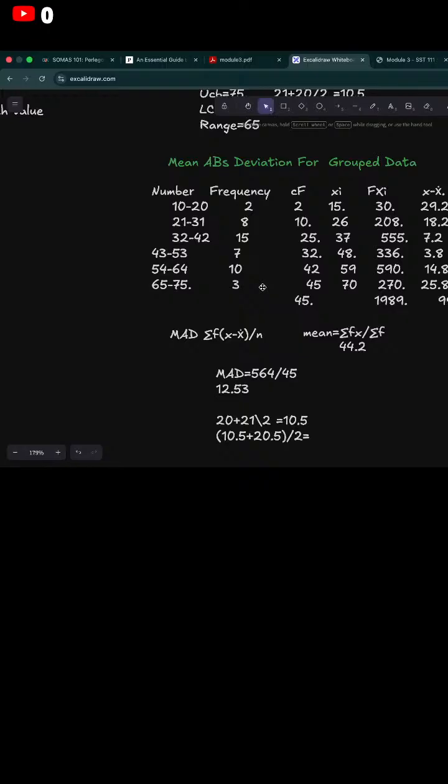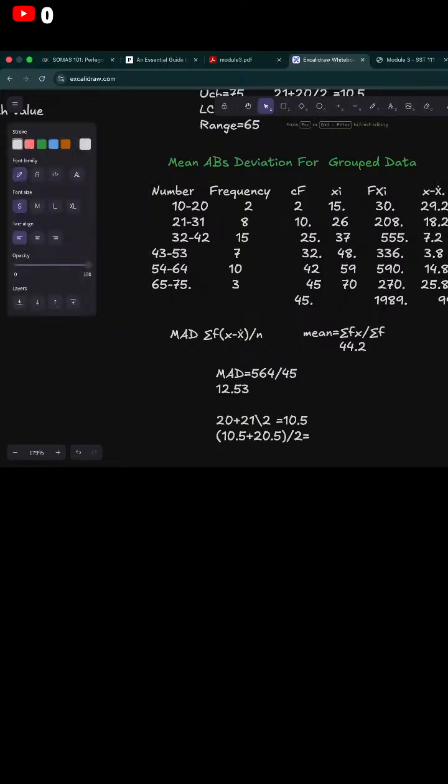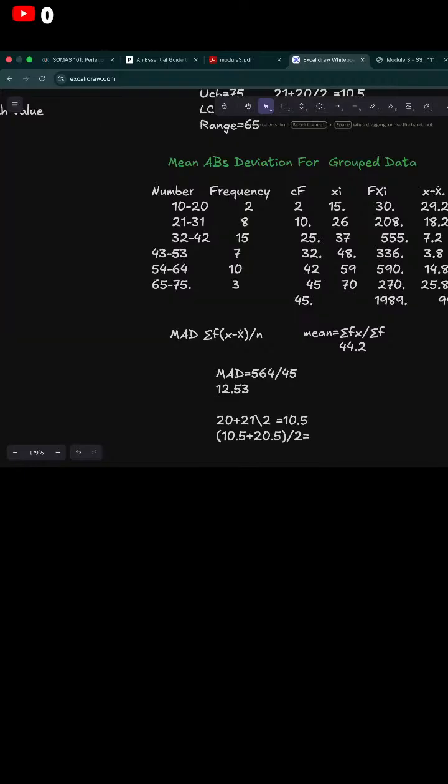Three times 25.8, how much does that make? Three times 25.8. Yeah, that was just a small mistake, but that is how we find the mean absolute deviation for grouped data.